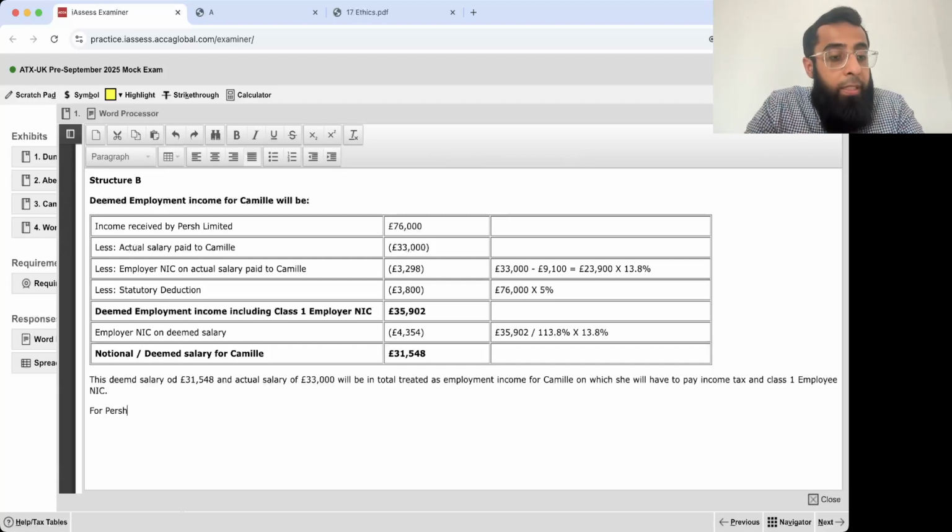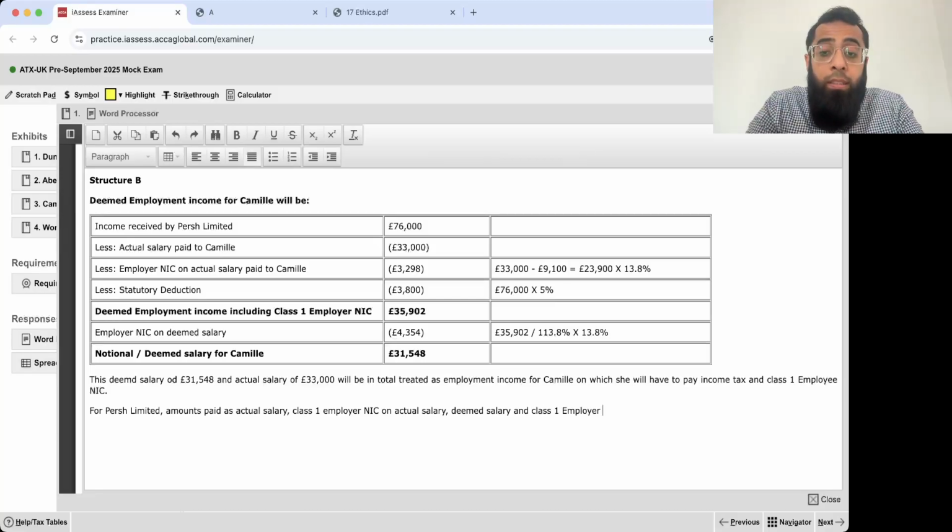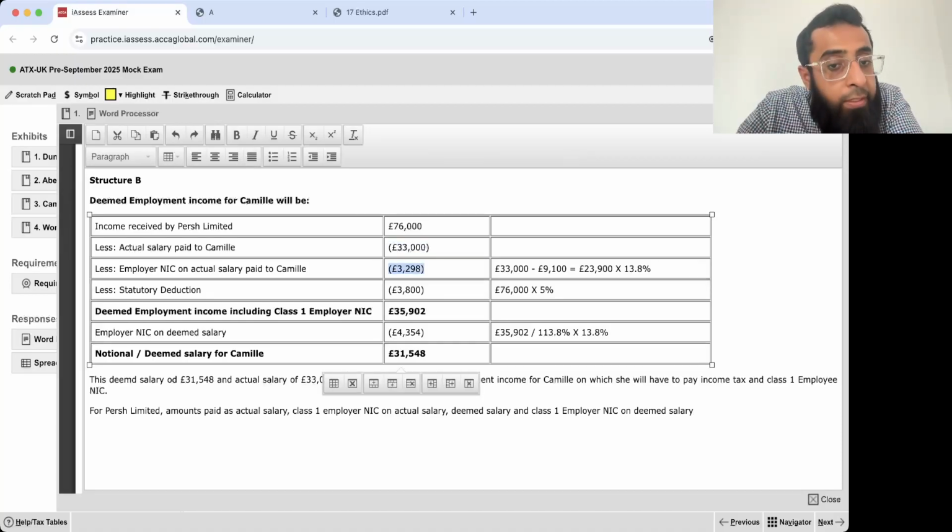For Perch Limited, which is the personal service company, amounts paid as actual salary, class 1 employer NIC on actual salary, deemed salary, and class 1 employer NIC on deemed salary, all 4 items.